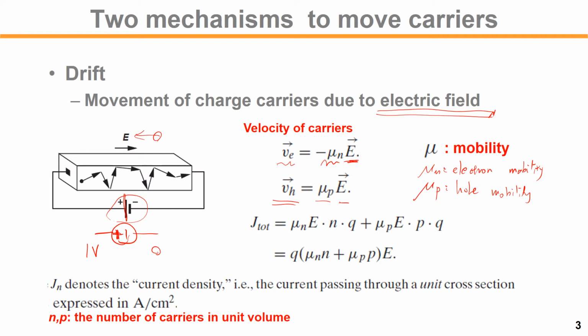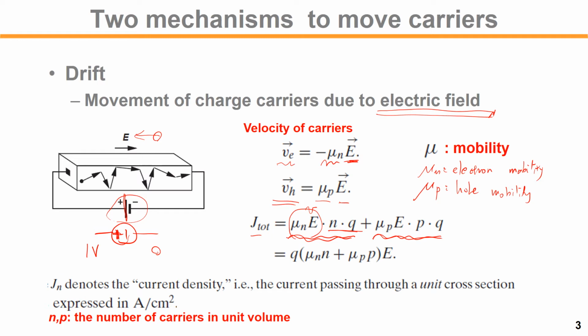Now once we found the velocity, we can find the total current density. So J total here is the electron current density plus hole current density. So we know the velocity, so we can multiply with the charge. First, n is the electron concentration in unit volume.